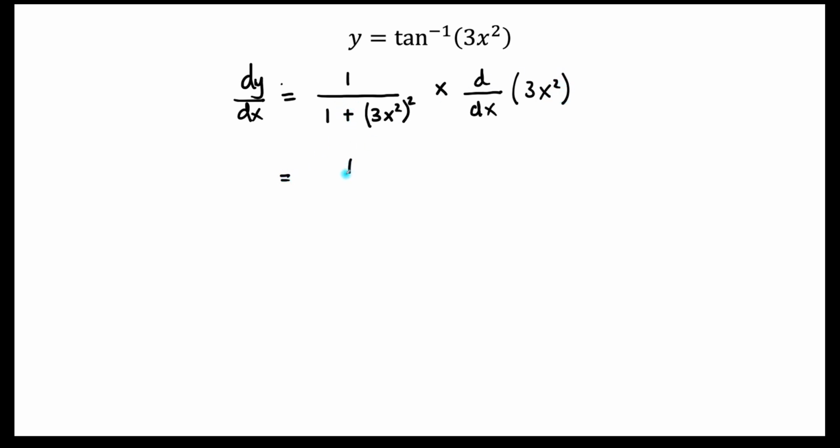That gives me the following: 1 plus, if I square that, 9x to the 4, times 6x if I differentiate this. This would give me my final answer as 6x over 1 plus 9x to the 4.